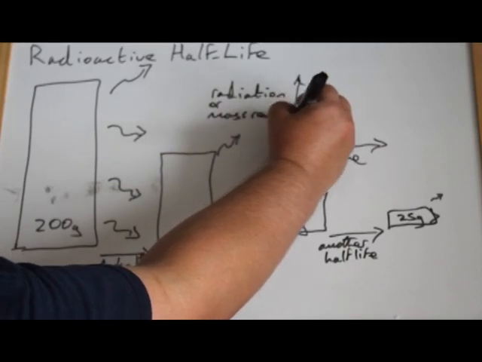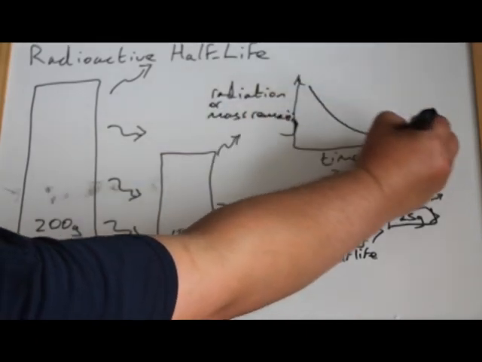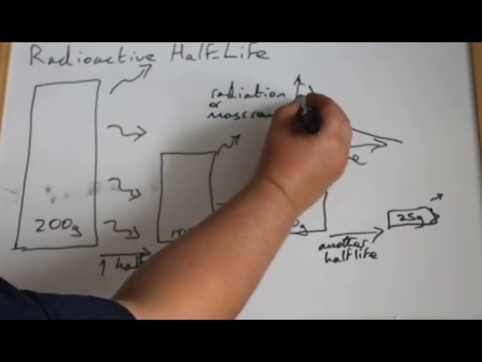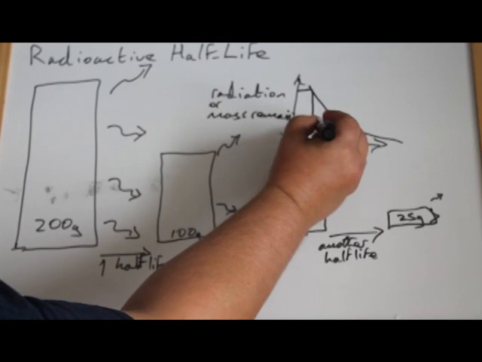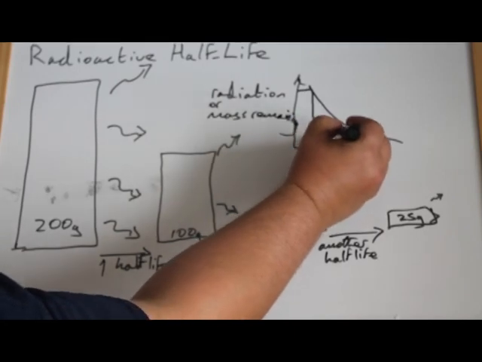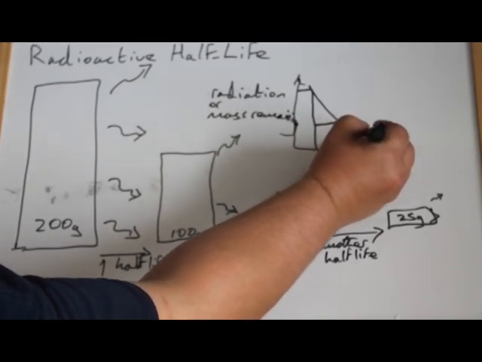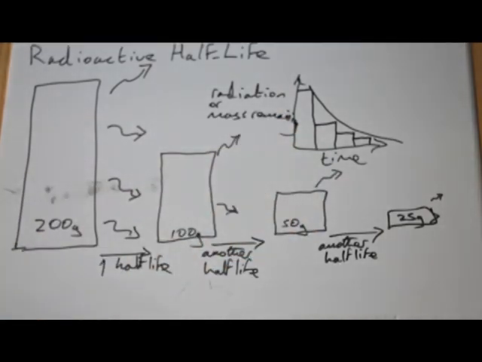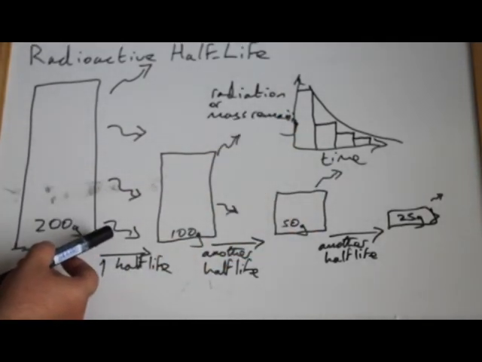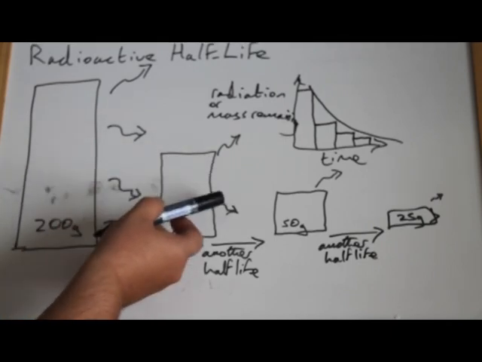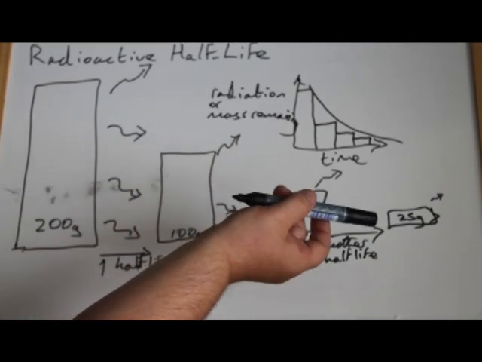Either way, it looks like this. It starts off going down very quickly, because we started off with 200 grams, and then we had 100 grams, and then we had 50 grams, and then we had 25 grams, and so on and so on. Or we started off with 4 wavy lines of radiation, then 2, then 1, then a half.